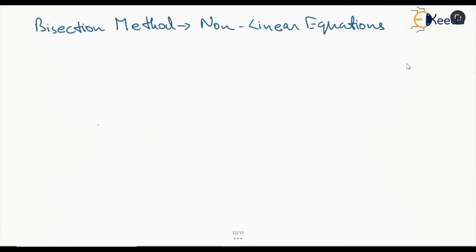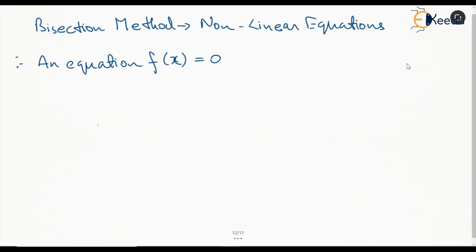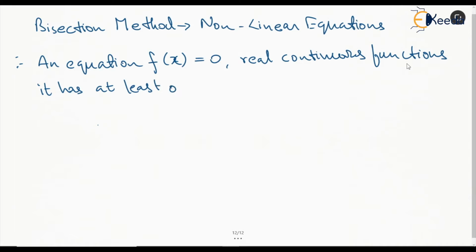So let's say we have an equation f of x equal to 0, which is a real continuous function, and it has at least one root between, let's say, a and b.